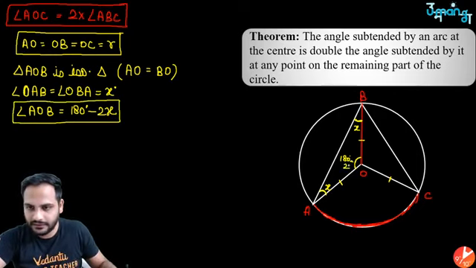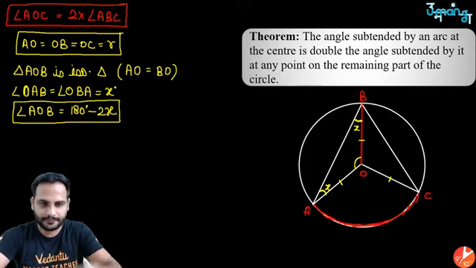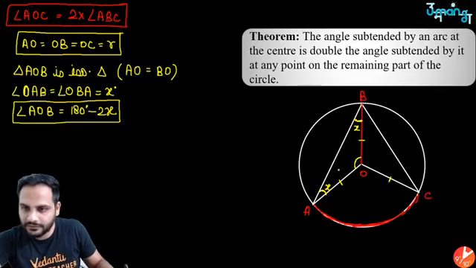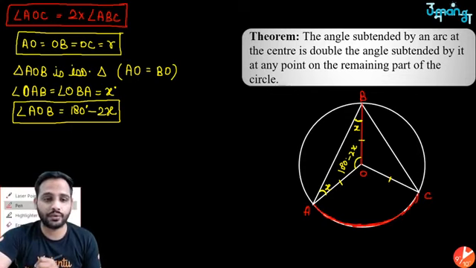Let me write it clearly over here. So this angle will be 180 minus 2x.